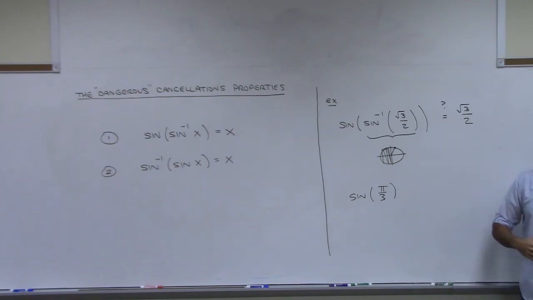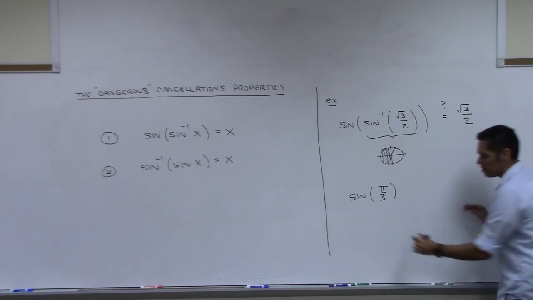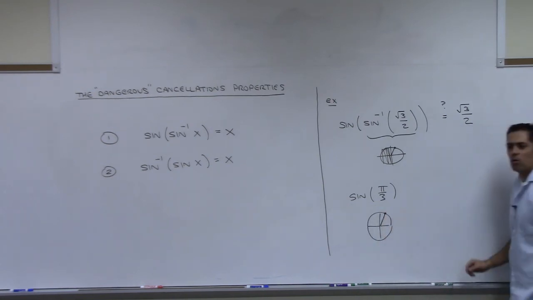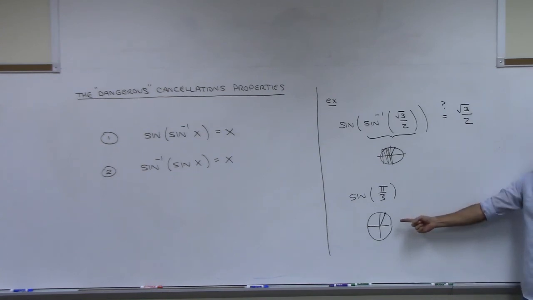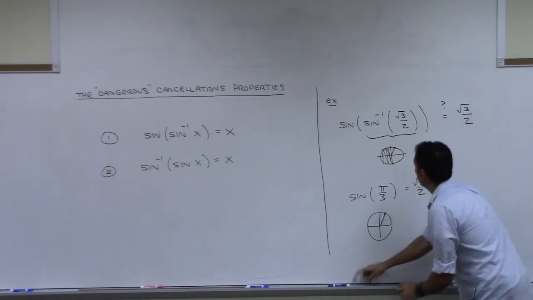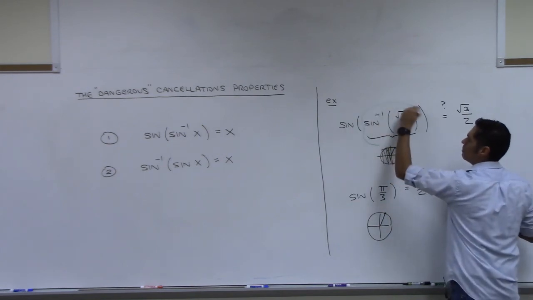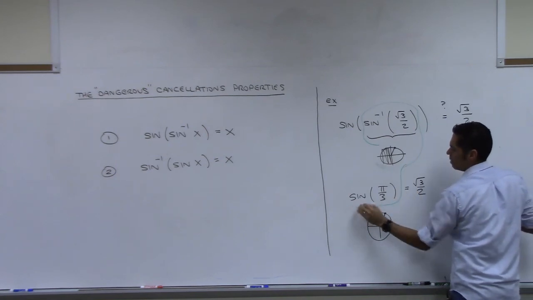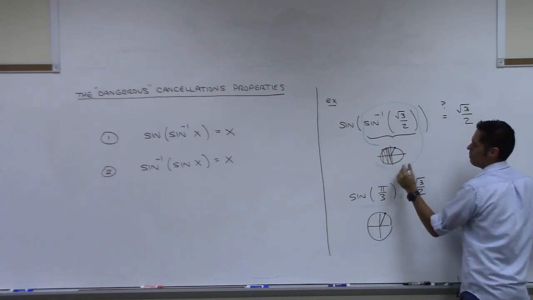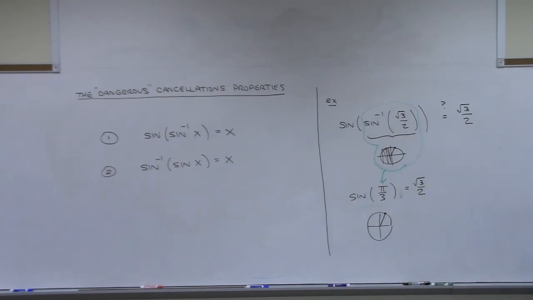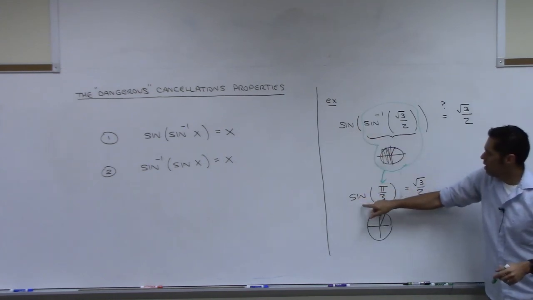Now let's start over. If I just asked, what's sine of pi over 3? You would go to pi over 3 and tell me the y coordinate, which is root 3 over 2. So all of this thinking just produced that pi over 3, and then we took sine of that pi over 3 and got this.